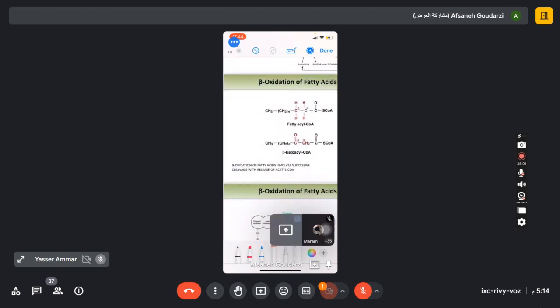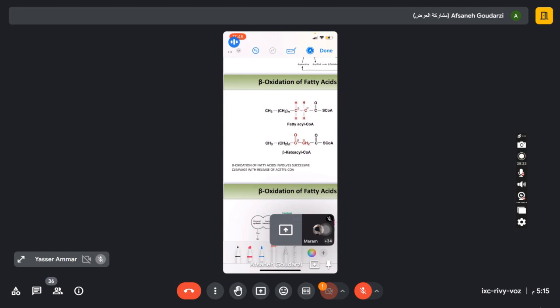Okay, and it's mentioned that the beta oxidation of fatty acid involves successive cleavage with release of acetyl-CoA. So the oxidation of fatty acid is a little bit complicated, because when I say that oxidation of fatty acid involves cleavage by releasing acetyl-CoA, it's not true for all fatty acids.